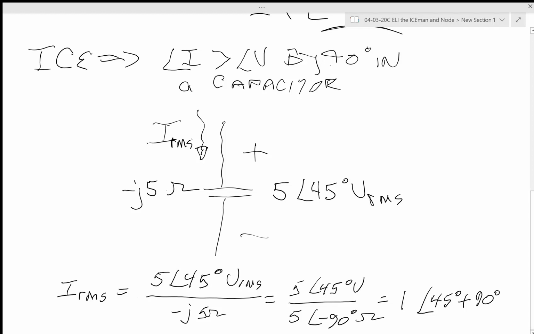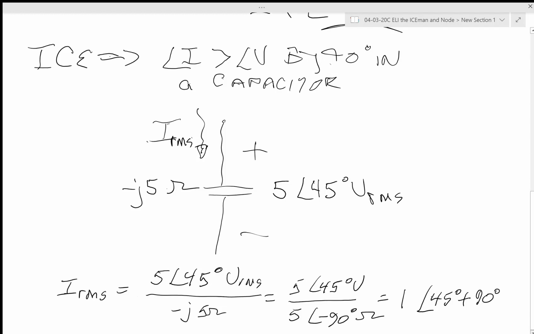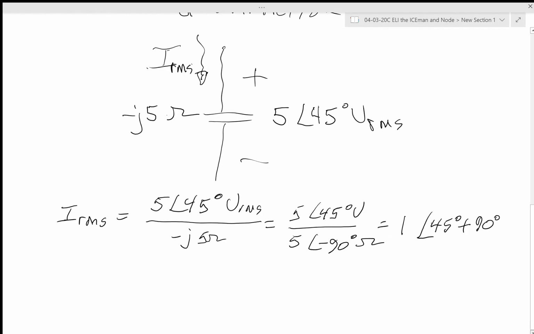And so what I get here is that the I RMS is going to be 1 at an angle of 135 degrees amps. It's an RMS value, but that's okay.